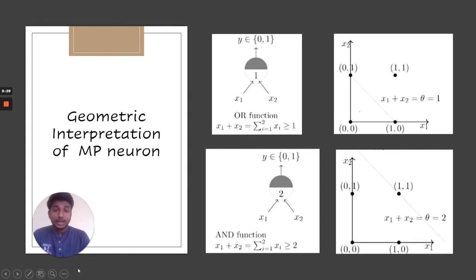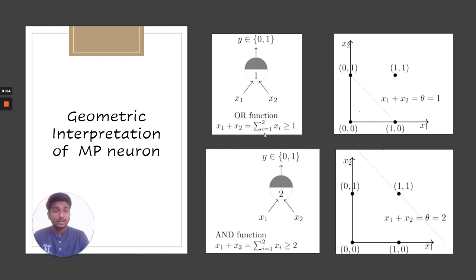For the OR function, we apply the formula we saw at first for the mathematical representation of a McCulloch-Pitts model. Here in the OR function, if any of the inputs is 1, then the output is 1, right?